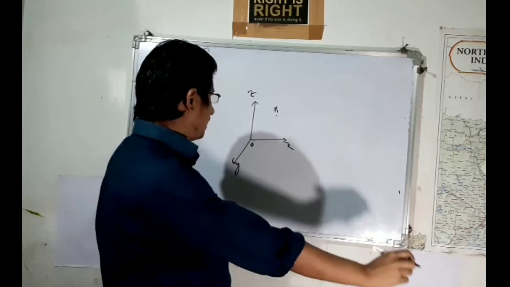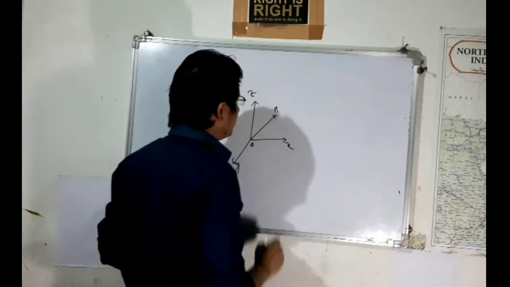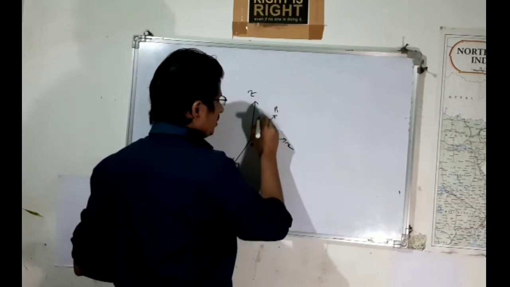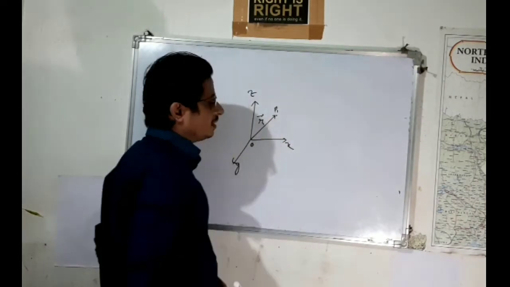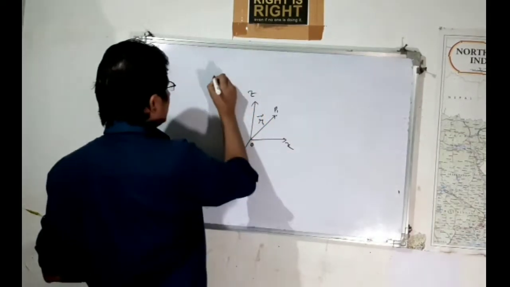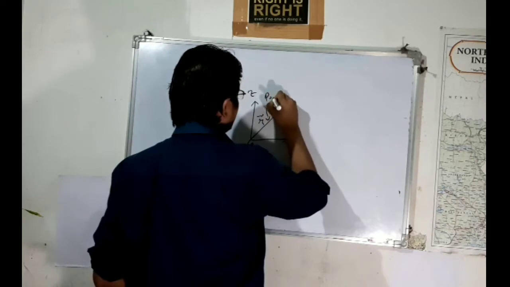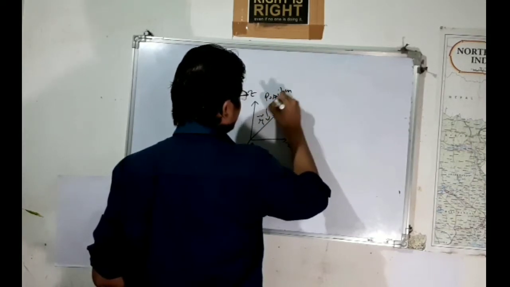So we have to locate this particle by a simple vector known as position vector. Here R1 is the position vector.